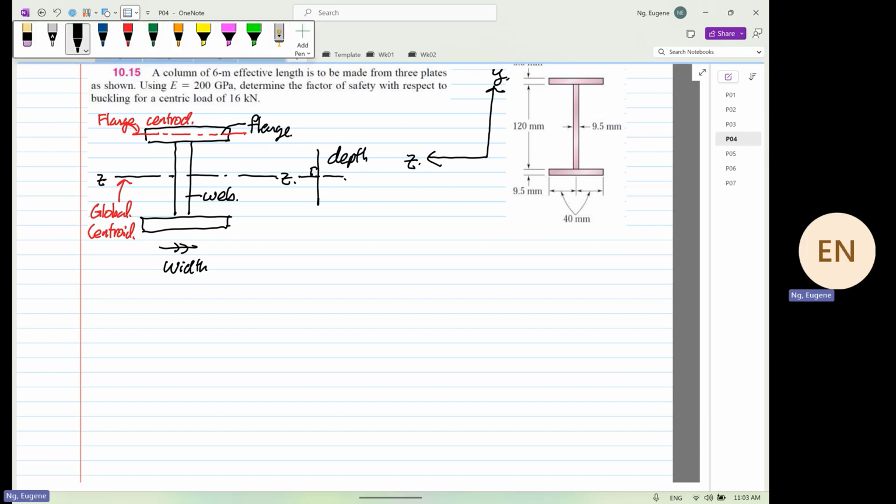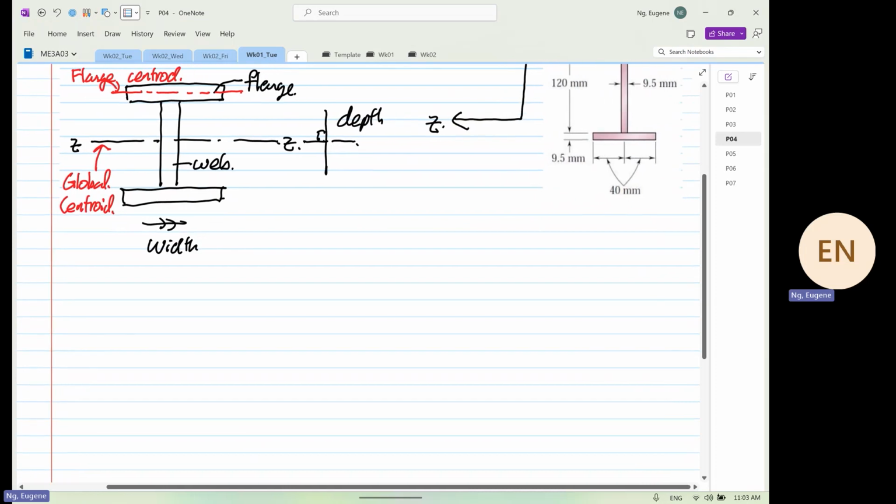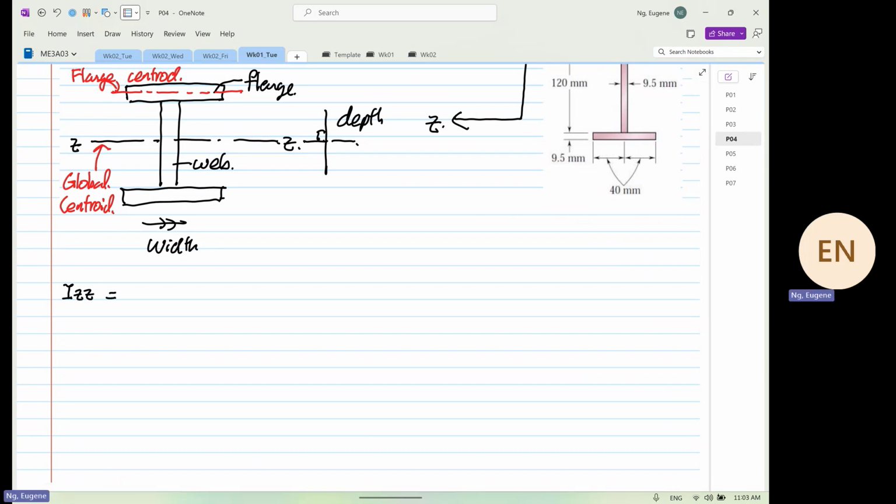So when that's the case, the formula changes a bit, yes or no? You all can remember. So the formula is: IZZ is equal to width times depth cubed over 12 plus the cross-sectional area times (big Y bar minus small y bar) squared.